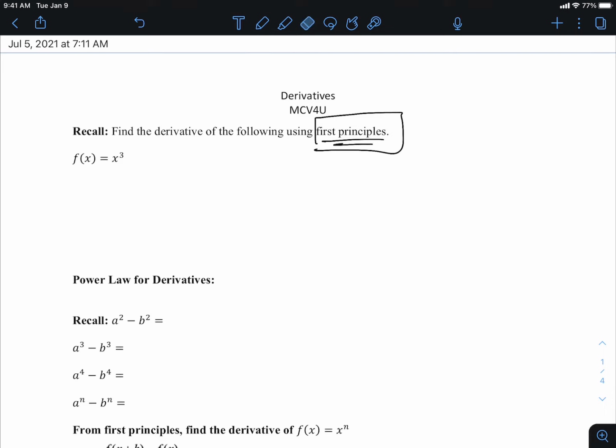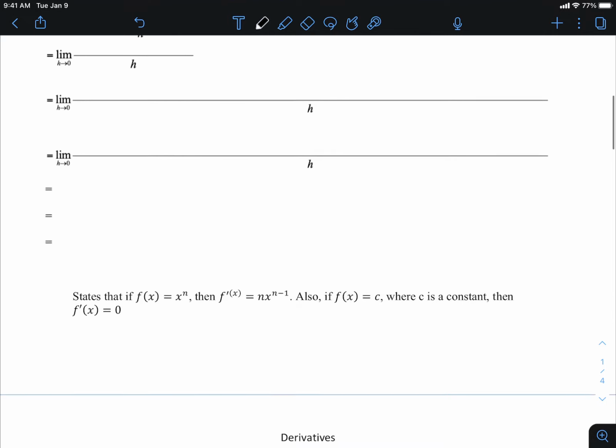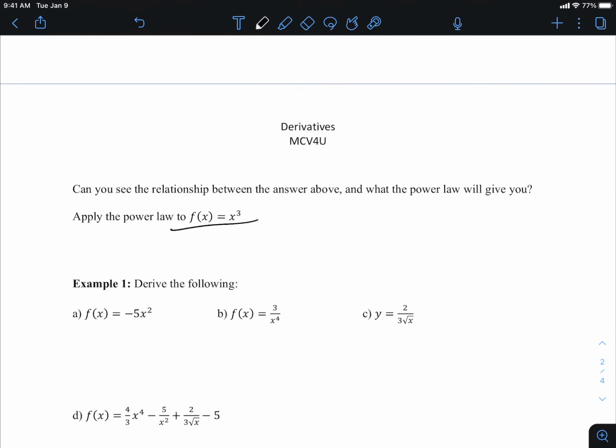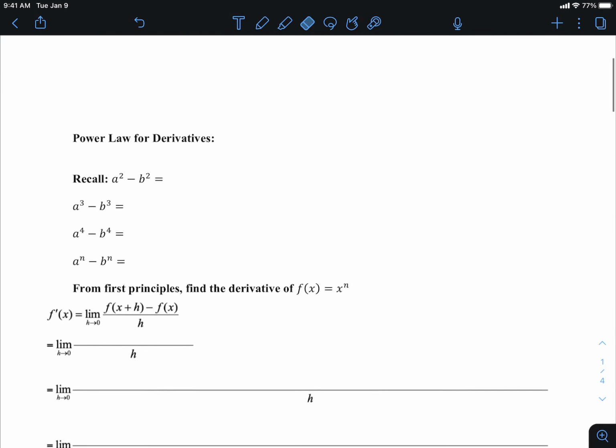But first, let's do an example where we actually differentiate a function like x cubed. We'll find what the derivative of x cubed is using first principles, and then we'll compare it against the actual application of the power law that I show you today. So first things first, why don't we jump up here.